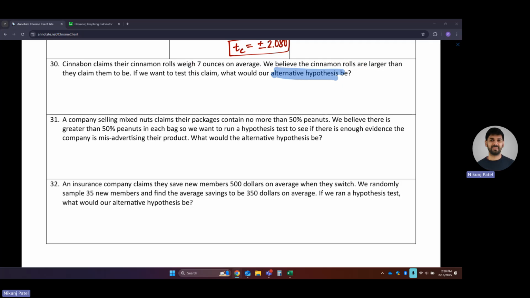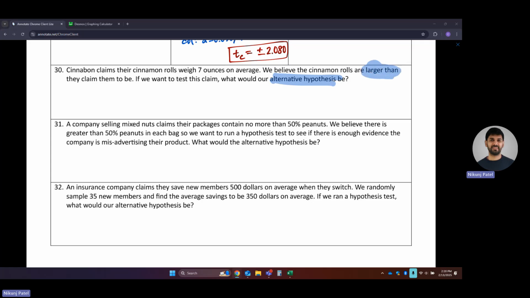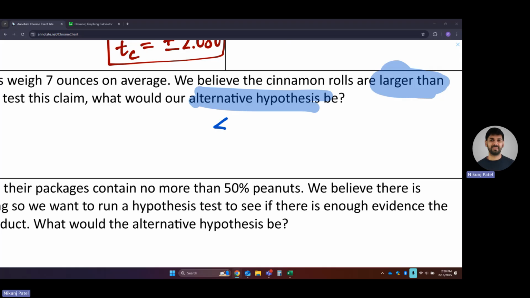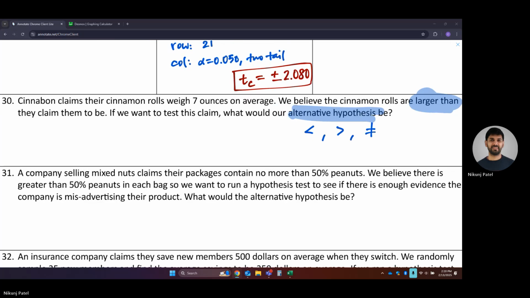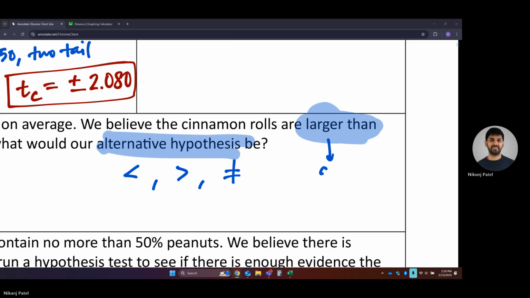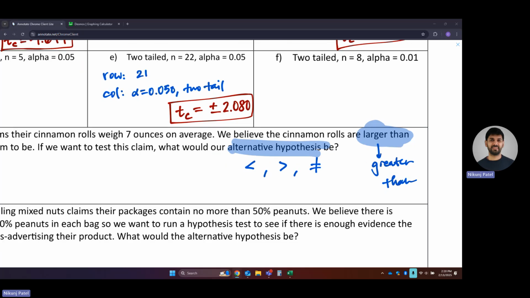So you're going to want to look for words that indicate a direction, since the alternate test is either going to have a less than, a greater than, or a not equals. It's got to be one of these three. And when it's larger than, it's going to be the greater than symbol. So in this case, our alternate H1 is going to be mu is greater than 7, because our number here is 7.